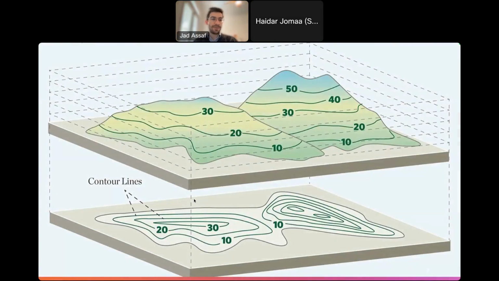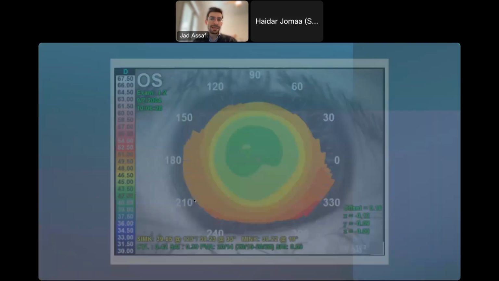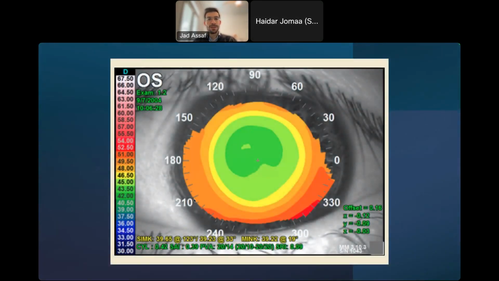So on this topographic map, we were able to summarize this elevation map of the mountain into a topographic map. And each line represents the same altitude or the same elevation. And this way we are able to put this map into context and imagine how the mountain would look like on a 2D surface. Equally speaking, this is also done on the eye.